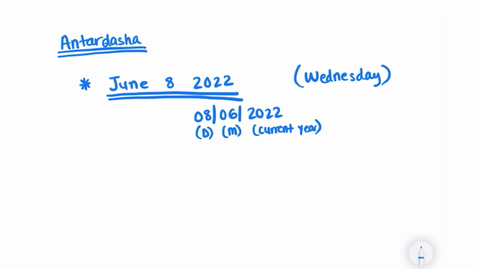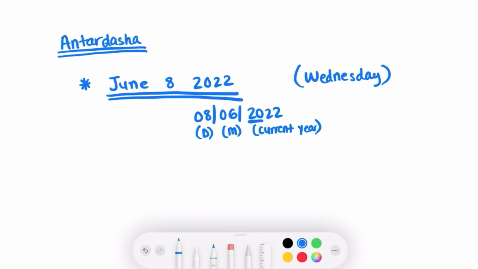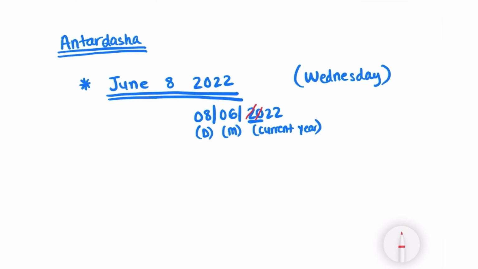And we will add all these numbers, but we will not take the century. We will not be taking the century. So I'm just going to cross it out. Okay? So let's add 8 plus 6 plus 2 plus 2, right? Now, we're not done adding. We have to add one more number. And that will be the day of the week.